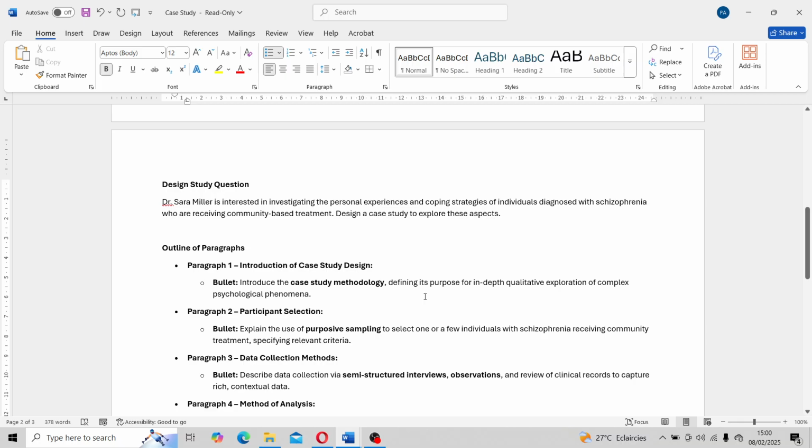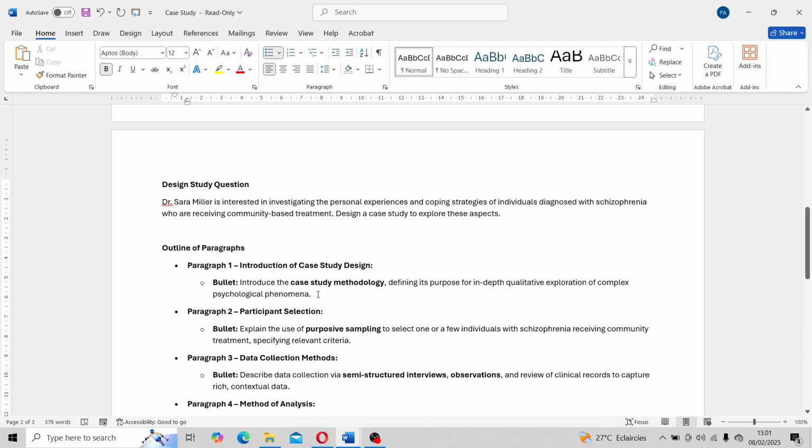We don't really need to talk about the IV and the DV. That is mostly related to experiments, and maybe observation to some extent, and for example longitudinal studies too, and self-report can also have IV and DV depending on the situation. But for a case study, it's not actually necessary. Just explain the case study design and pattern.